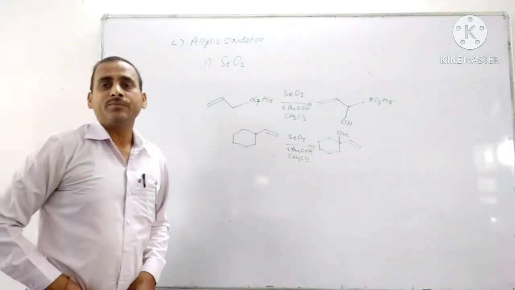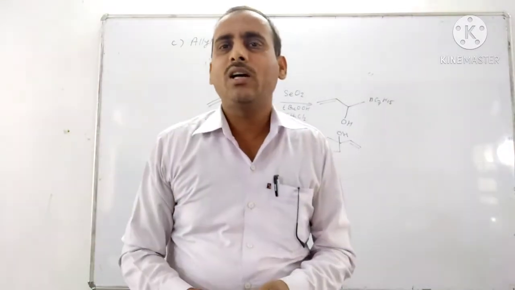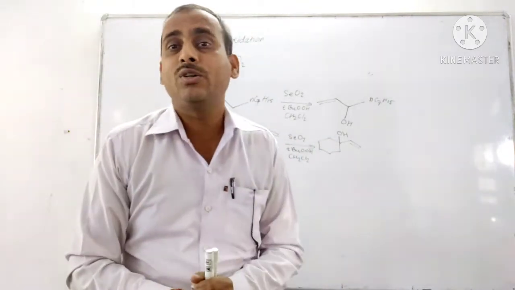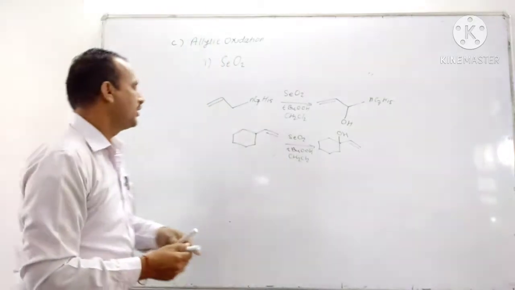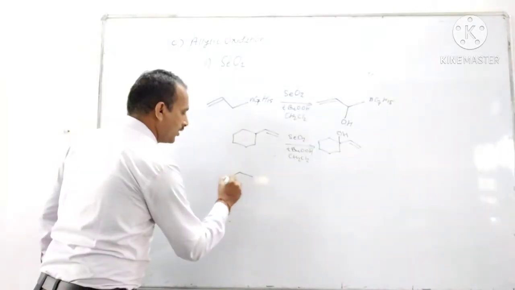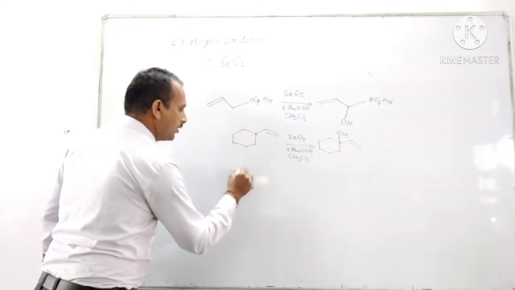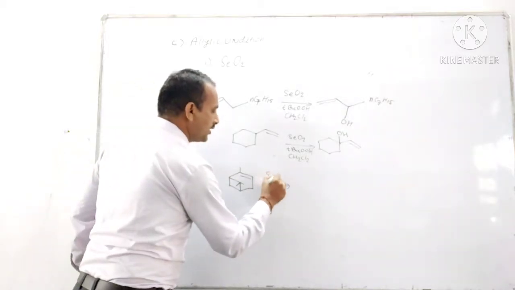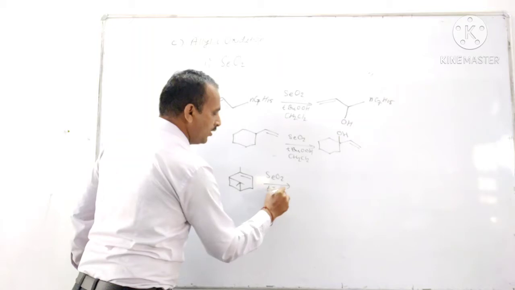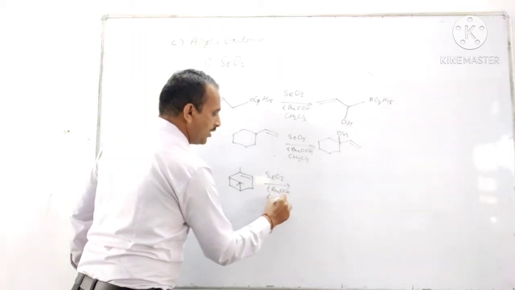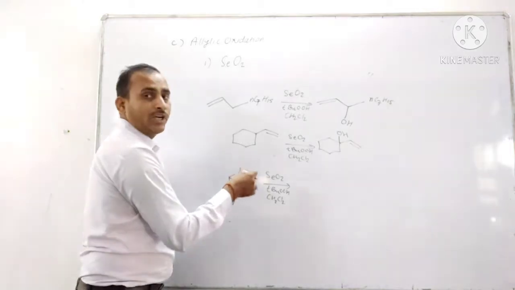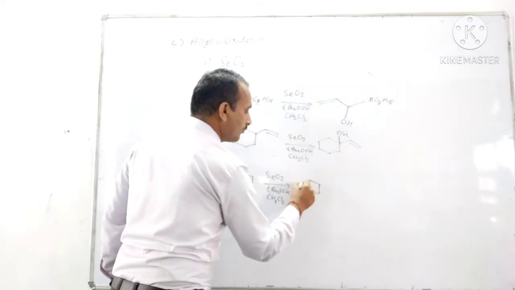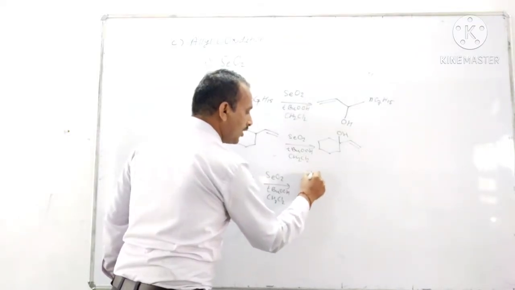Now if the alkene has a methyl substituent present on it, then that methyl substituent undergoes oxidation to form the aldehyde. So for example, alpha pinene on oxidation with selenium dioxide, tertiary butyl hydroperoxide in DCM solvent, this methyl group undergoes oxidation to form the aldehyde.